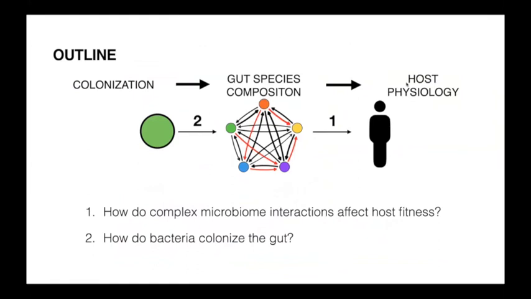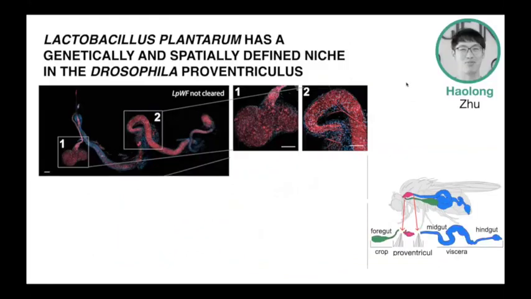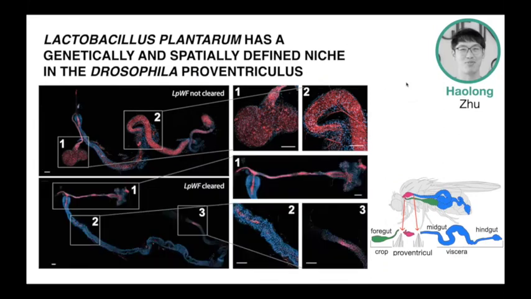And so we've developed these methods of actually visualizing the spatial structure. So what I'm showing you here is Lactobacillus, the strong colonizer, LPWF we're calling it, labeled with mCherry in red. And DAPI stain of the fly nuclei is what you're mostly seeing of the gut in blue.